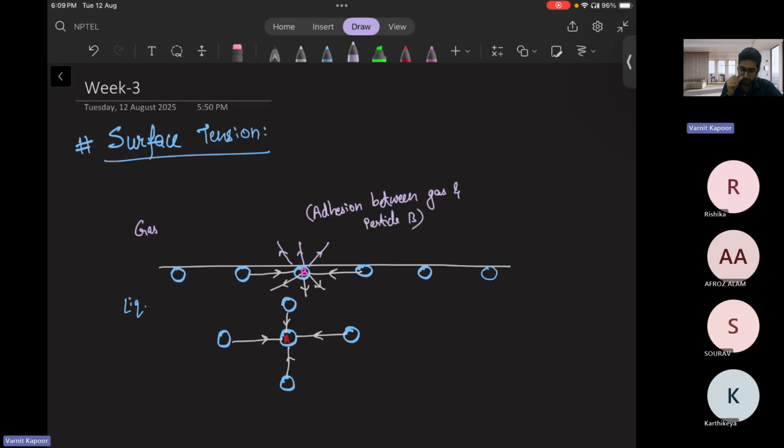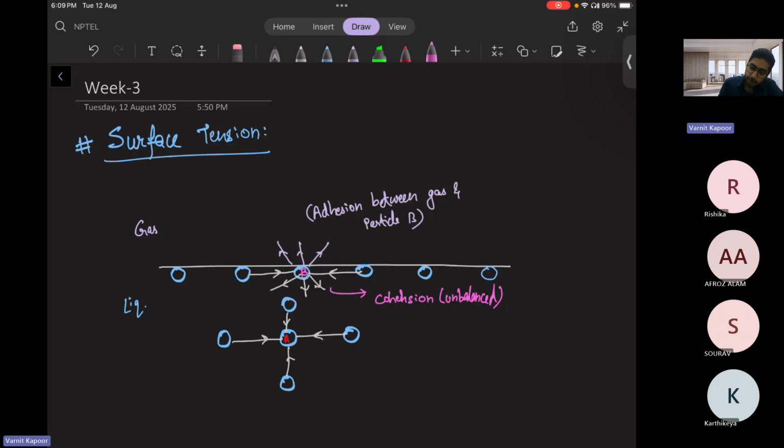Okay, there is an adhesion force, whereas there is a cohesion force which is unbalanced in nature at the interface. This is nothing but unbalanced because the pull of the gas particles on particle B is lesser compared to the cohesion forces between the molecules.